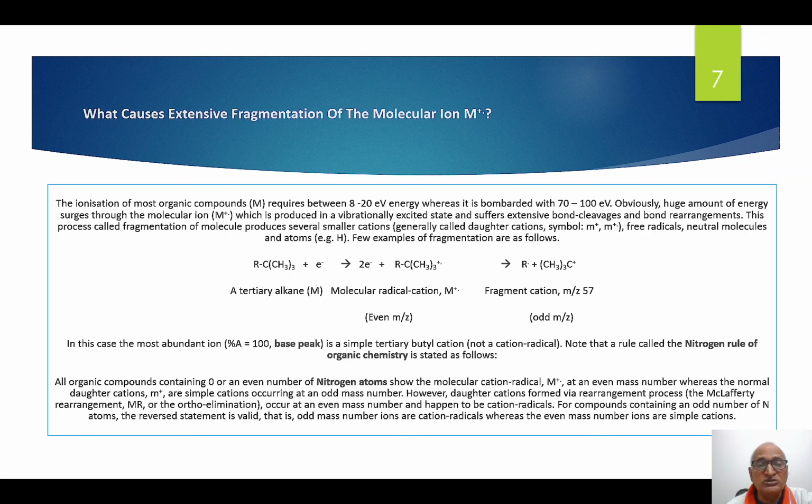And in this case, the parent ion will have odd mass number. The daughter cations will have even mass number. But if the daughter cation is formed via rearrangement, then its mass number will be odd like the parent ion. This is a very important rule. You should remember where we will put a dot and where we will not put a dot. This has to be understood clearly.